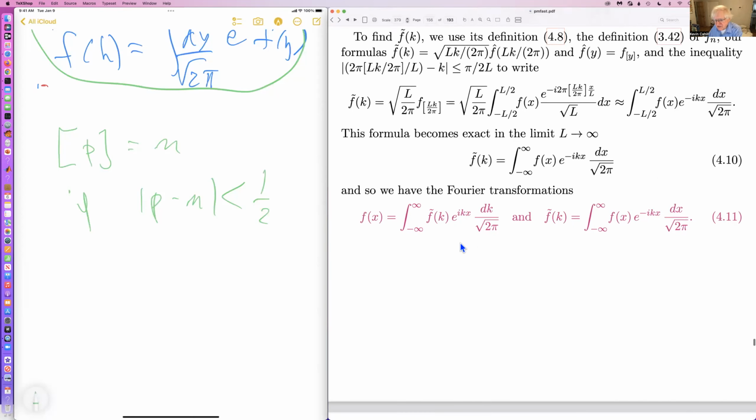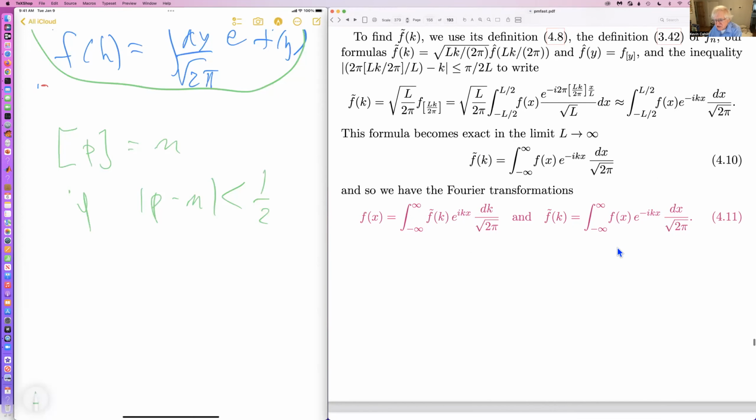So what we've derived then is these Fourier transform relations, that f of x is an integral of f tilde of k e to the ikx over root 2 pi, and f tilde of k in turn is the integral of f of x e to the minus ikx dx over root 2 pi.